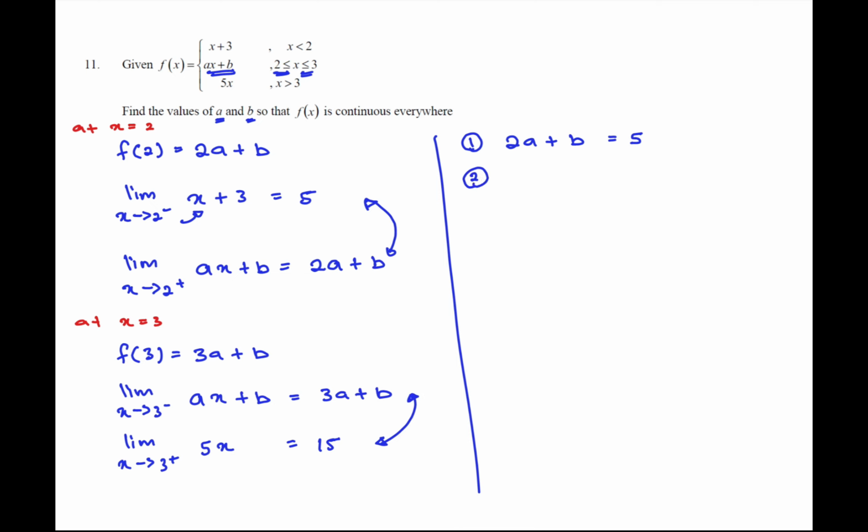Equation 2: 3a plus b equal to 15. Then we can solve these two equations simultaneously. You can get a equal to 10 and b equal to -15. So that is the answer for question number 11.